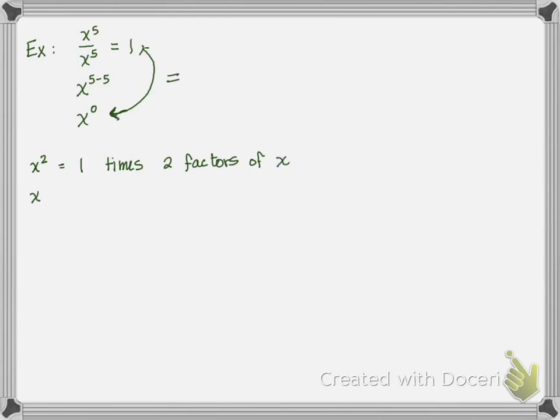And x to the 1st is 1 times 1 factor of x. So without even thinking about it, just following the pattern, what should x to the 0 be? 1 times 0 factors of x.